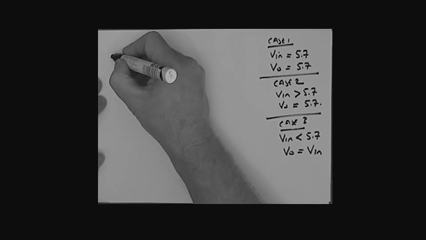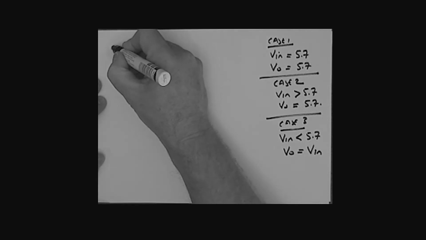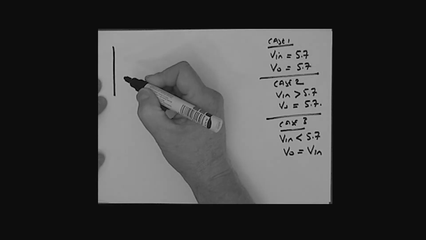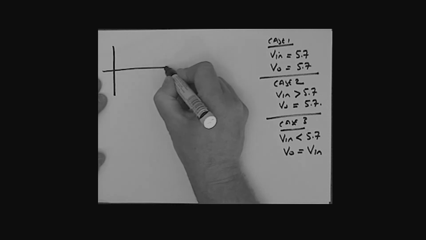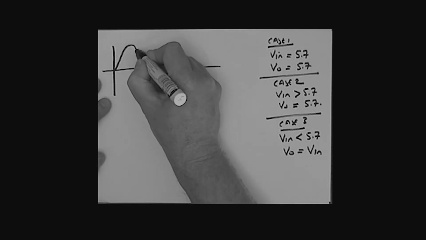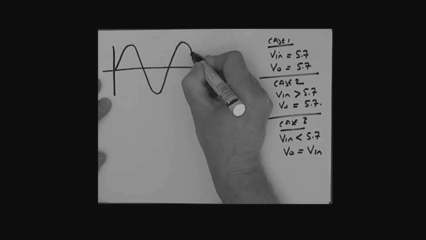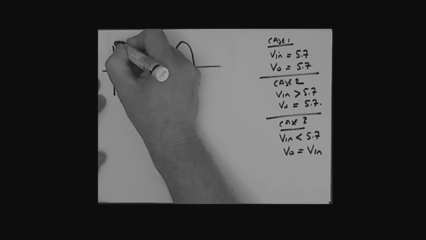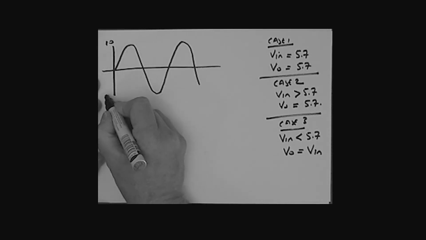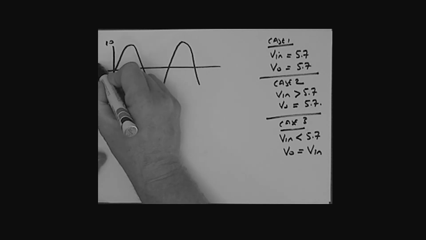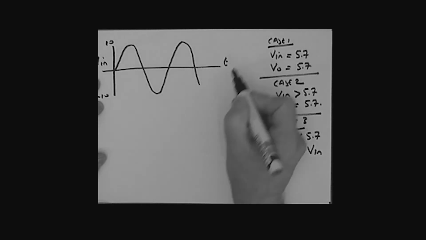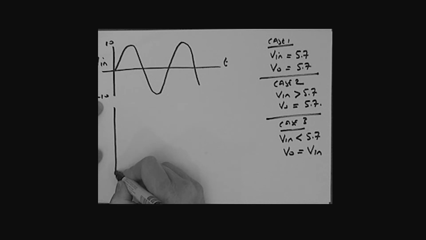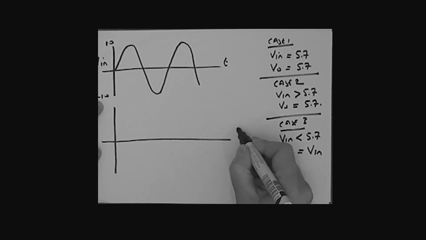So let's see if we can draw this. Once again, my drawing here is not going to be particularly accurate, but hopefully it will give you the idea. All right? So here, if you like, is my input voltage looking something like this. This is reaching 10 volts peak, and minus 10 volts. Okay, this is a plot of V in versus time. All right, let's look at the output over here. So this is the output versus time.